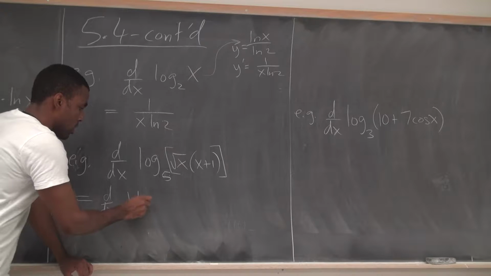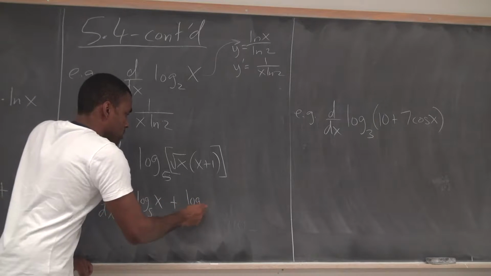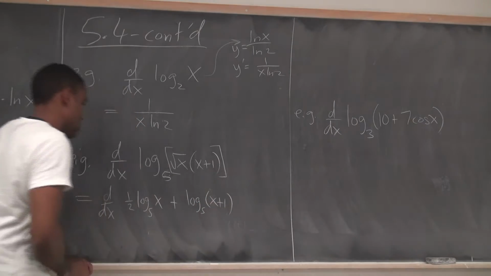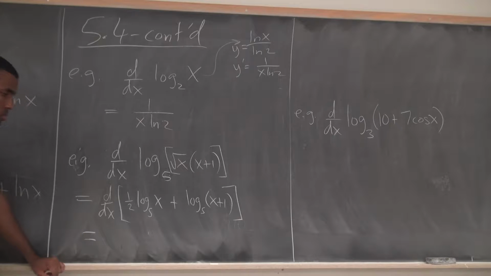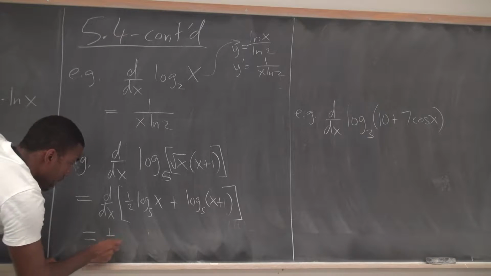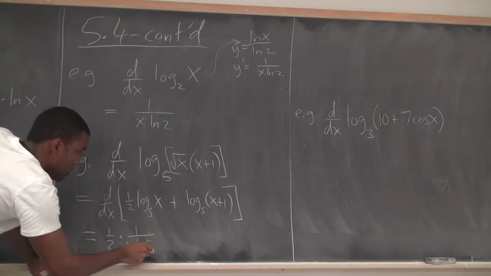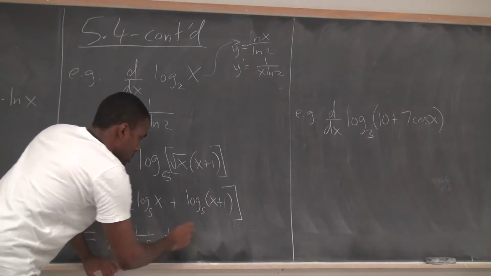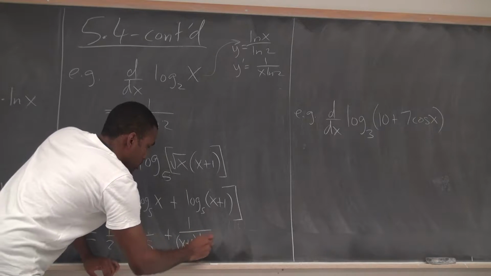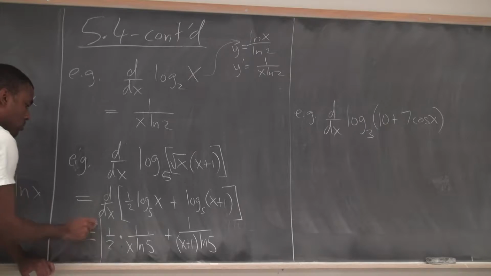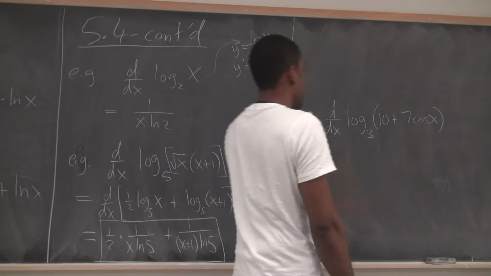This is just 1/2 log to the base 5 of x plus log to the base 5 of x plus 1. And then I don't need the product rule anymore. This is just 1/2 times 1 over x ln 5 plus 1 over (x plus 1) ln 5.